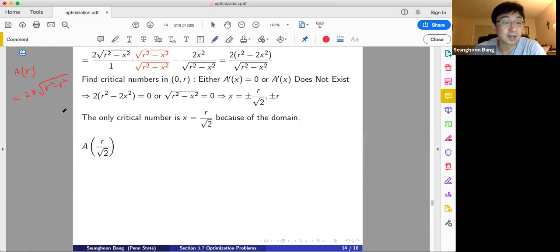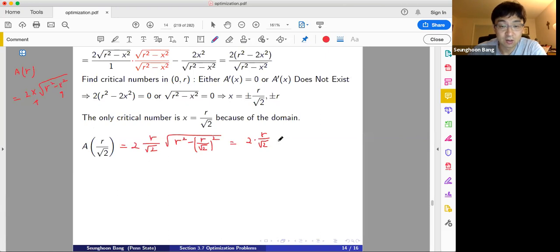You plug r over root 2 into x. So we can calculate: 2 times r over root 2 times the square root of r squared minus r over root 2 squared. Keep 2 times r over root 2.